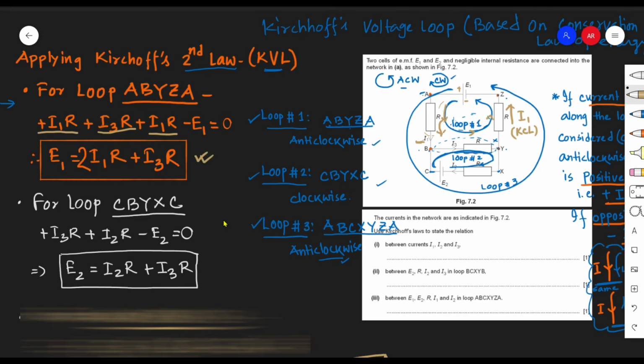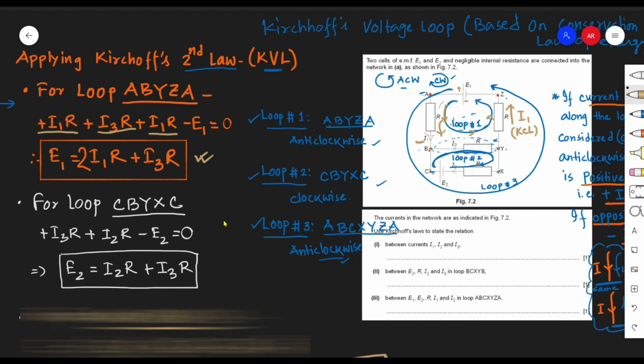So plus I1R again. And this loop ended when we reached the power supply. Which terminal of the power supply did we reach? We reached the negative terminal of the power supply. So it is minus E1. So plus I1R plus I3R plus I1R again minus E1.